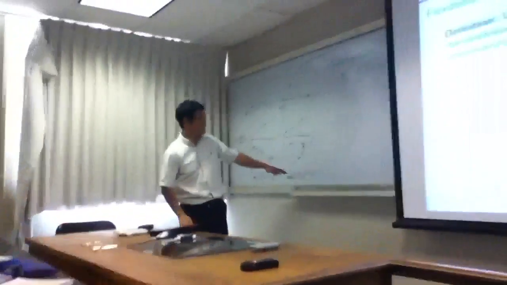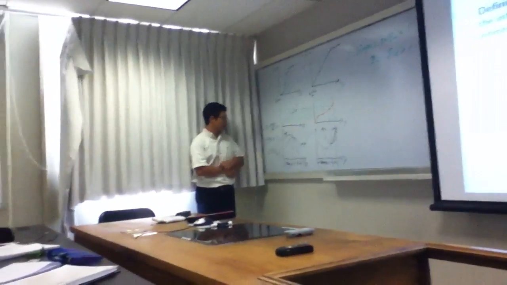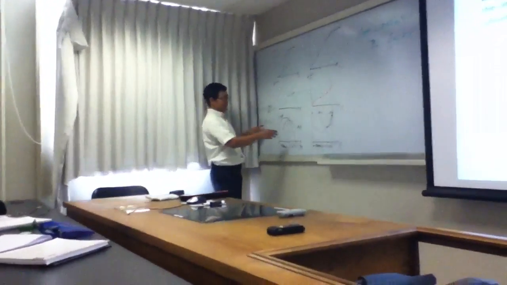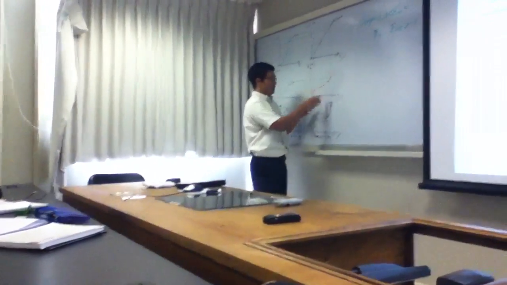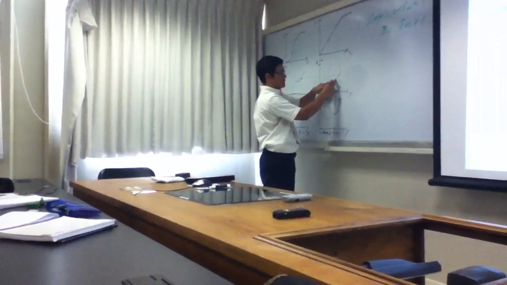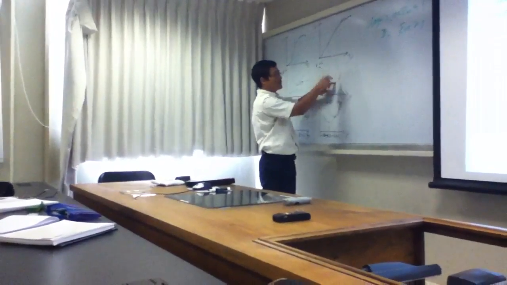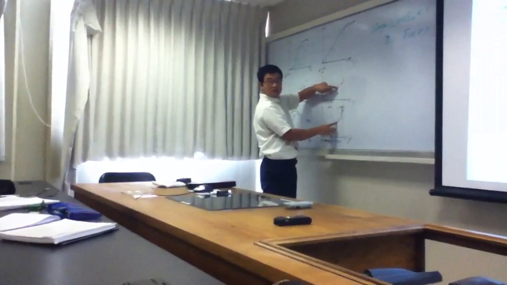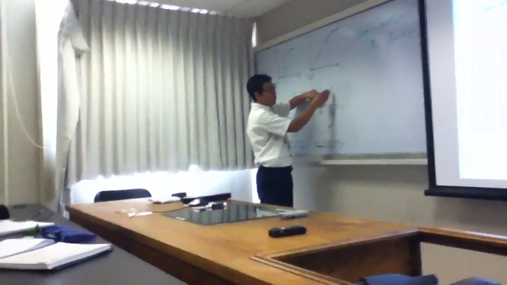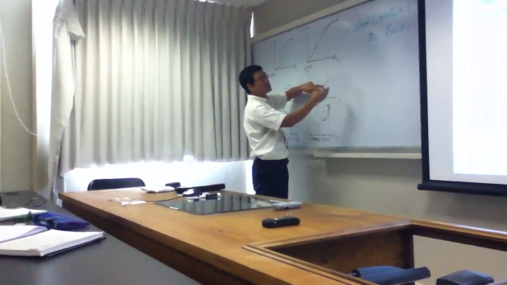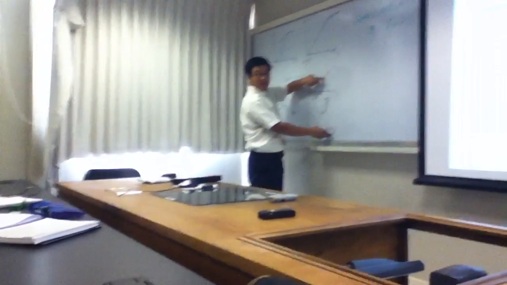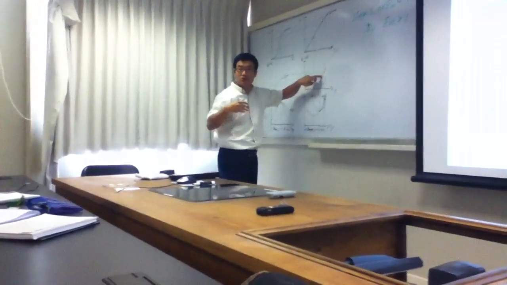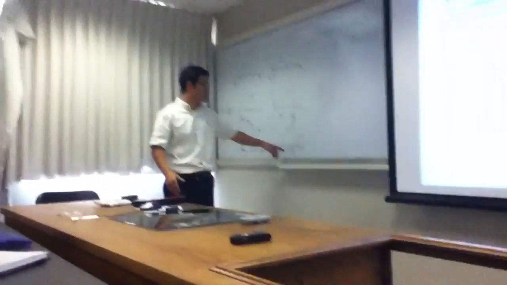Okay, but we don't have stage 3. Again, in stage 2, that means beyond this point here, where the elasticity is equal to 1, marginal cost is equal to average cost. Okay, beyond that point, if I further increase my output, my variable cost is going to increase faster than the speed at which I increase my output.